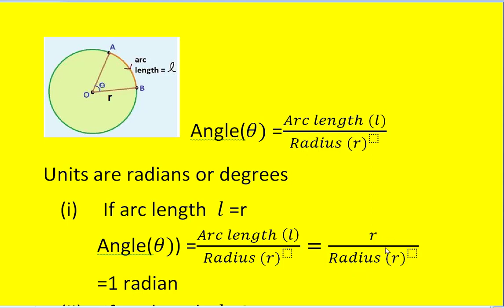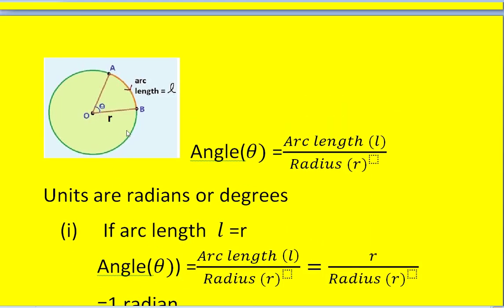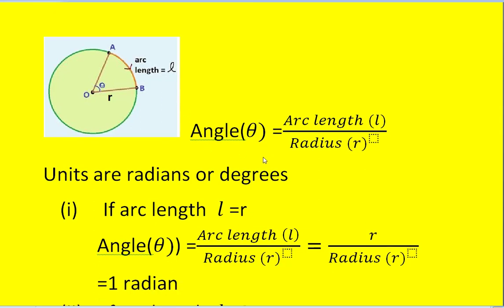This and this get cancelled, and we get 1. So the unit for this is 1 radian. That is, if the arc length is equal to the radius of the circle, then the angle formed at the point O by the arc is called the plane angle theta.